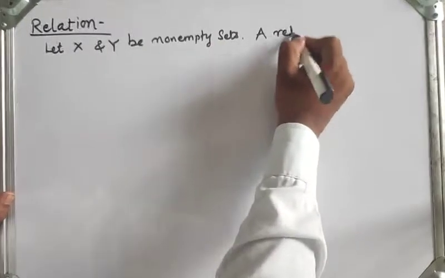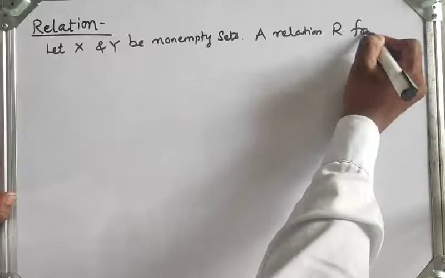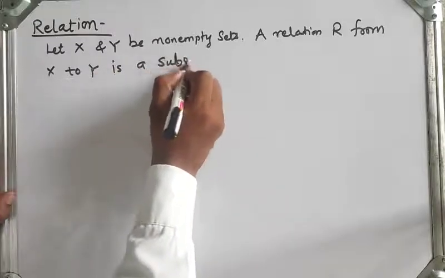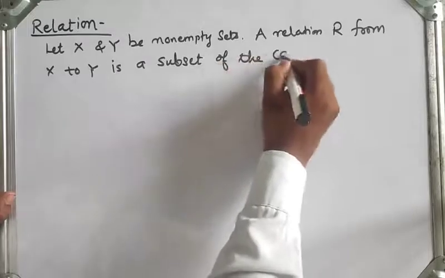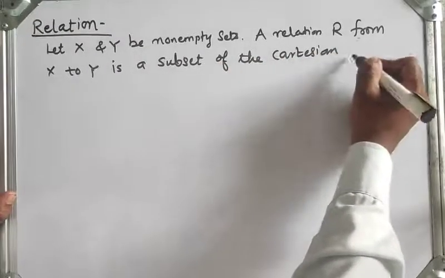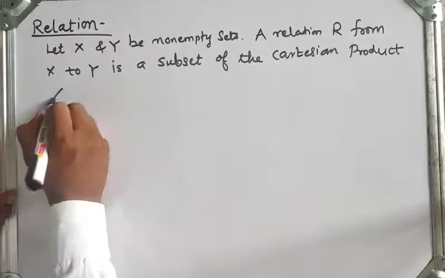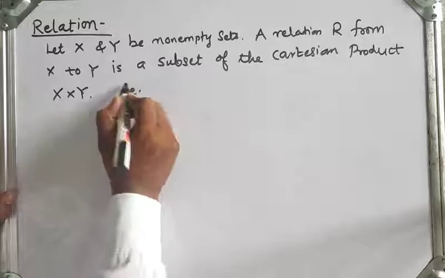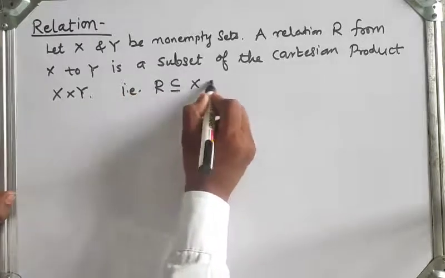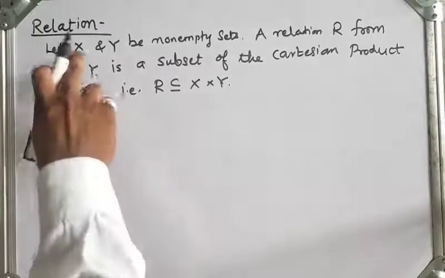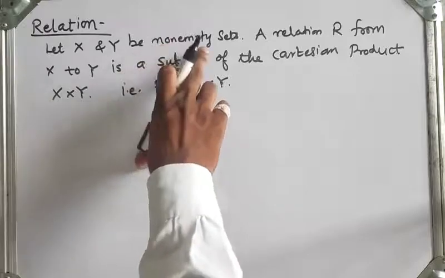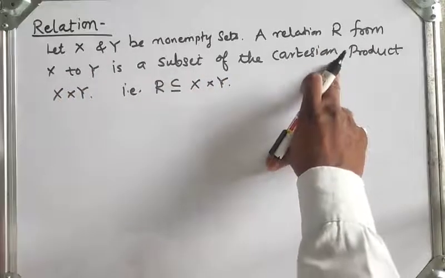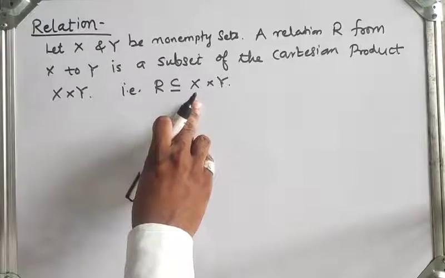A relation R from X to Y is a subset of the Cartesian product X cross Y, that is, R is a subset of X cross Y.